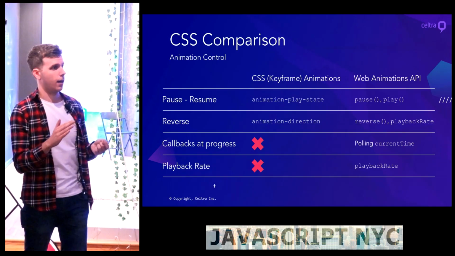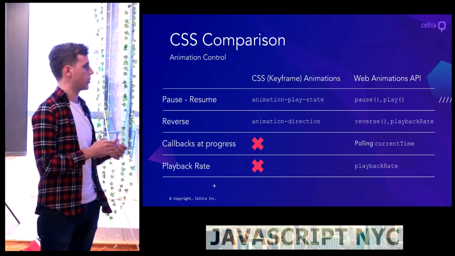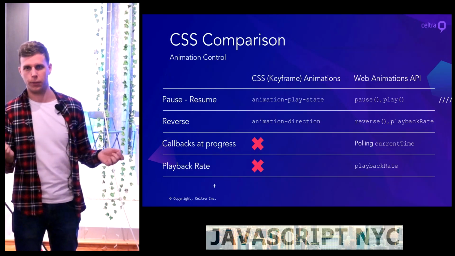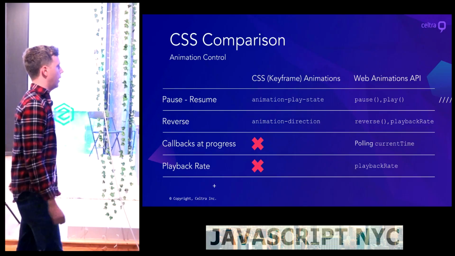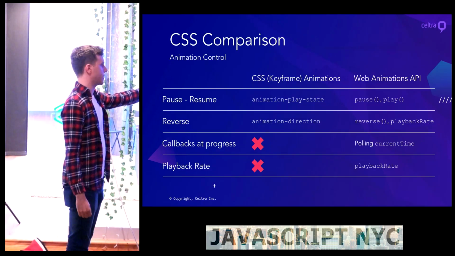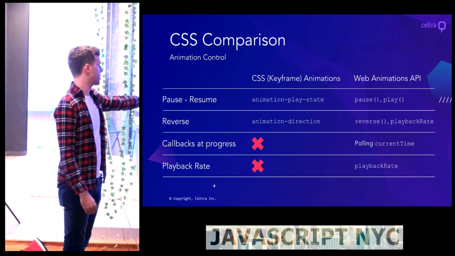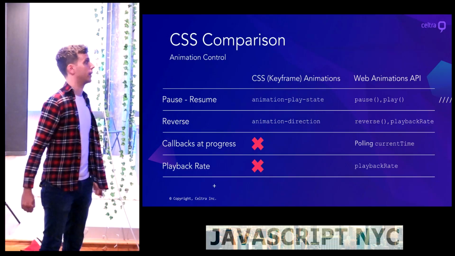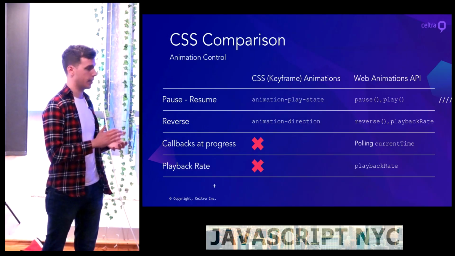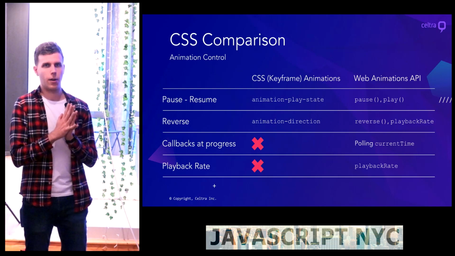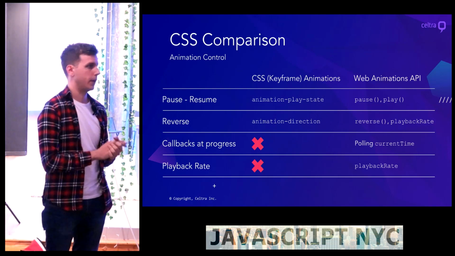And even if they are supported now, we still have to support some legacy environments, so this isn't okay for us. We don't get any callbacks at certain progress, as I already mentioned, nor can we change a playback rate with CSS keyframes animations. And these things are all solved with Web Animations API.